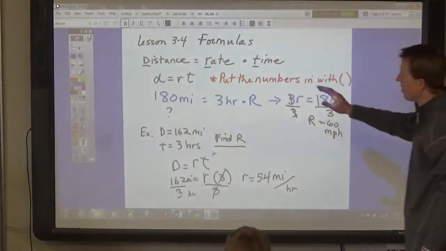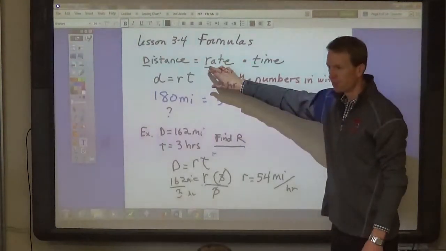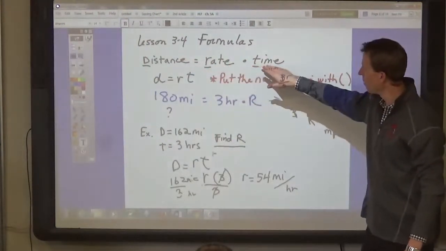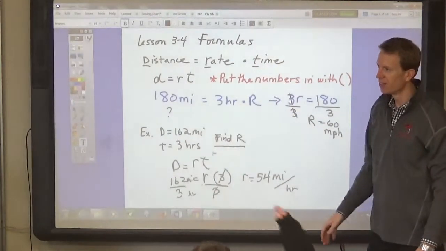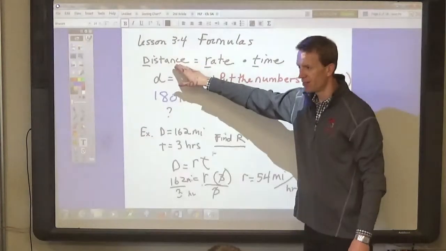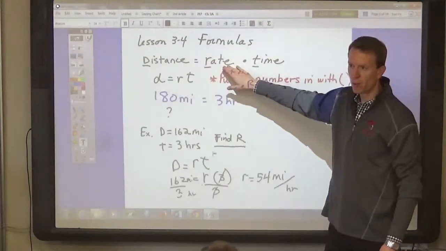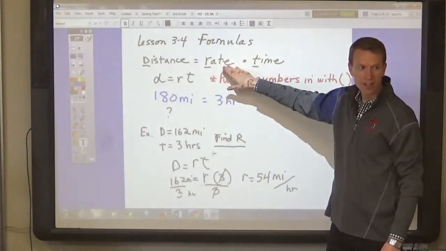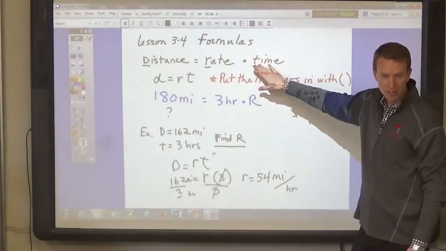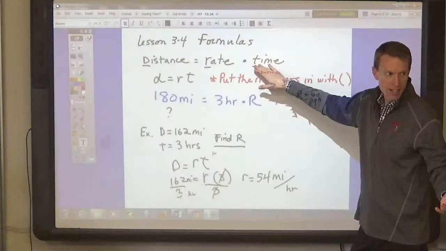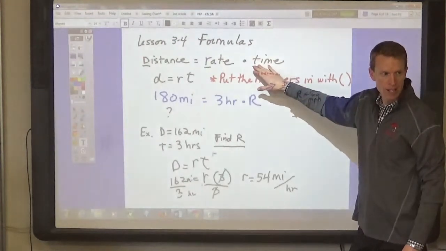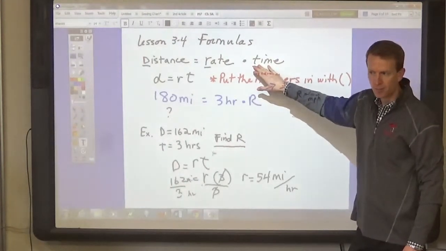If you took the rate that you're going, and you multiply it by the time that you are traveling, you can get the distance, right? If you're riding your bike 20 miles an hour for 3 hours, you've gone 60 miles, right? That's how a formula works.